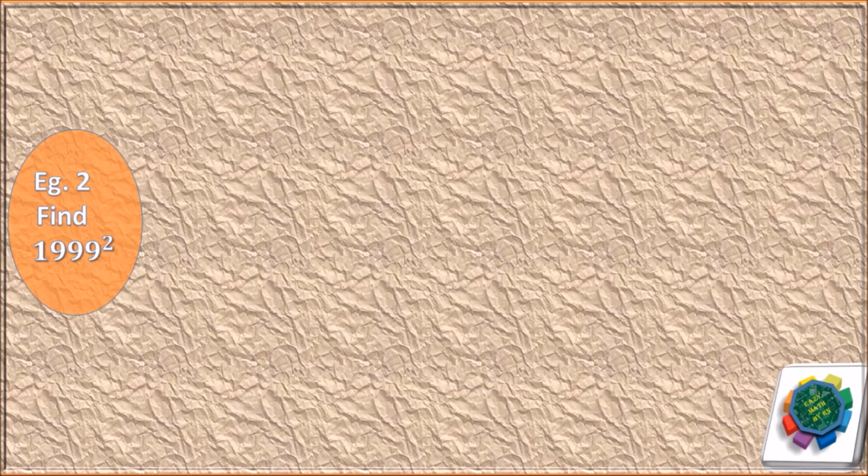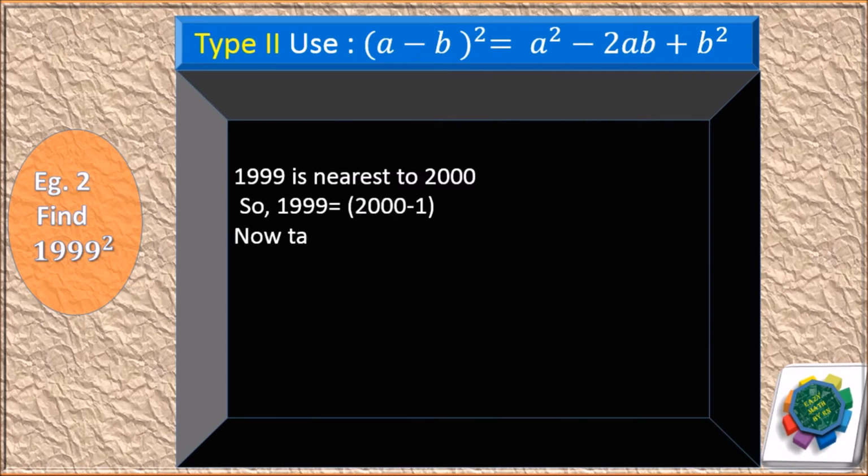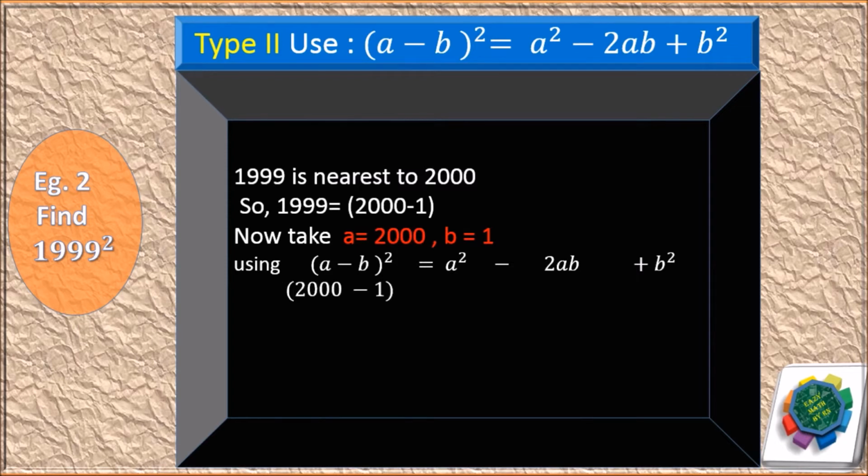Now on similar lines we have 1999. Searching for the nearest multiple of 1000, that number will be 2000 again. So it will be written as 2000 minus 1, taking a as 2000 and b as 1 and applying the identity a minus b the whole square as a square minus 2ab plus b square.